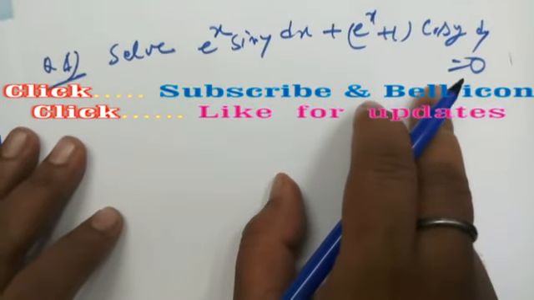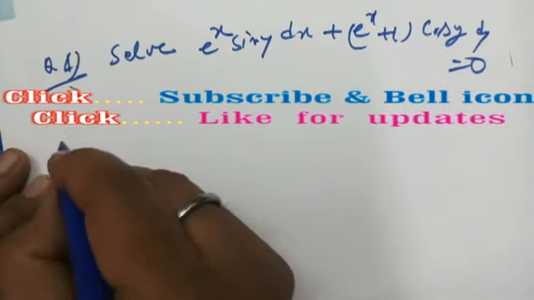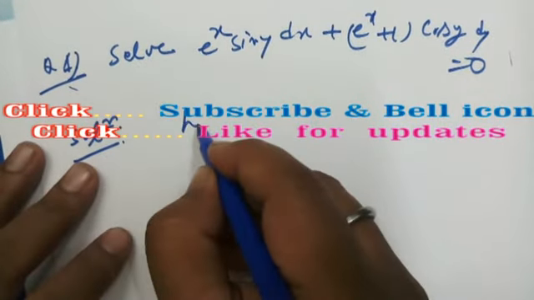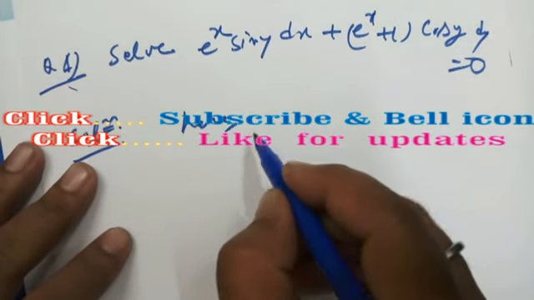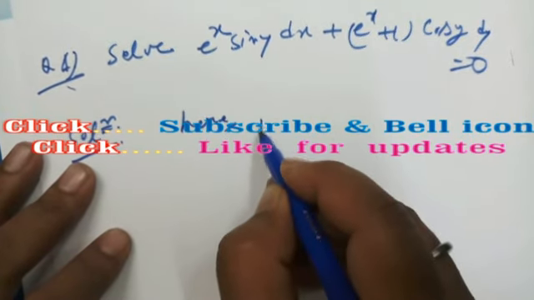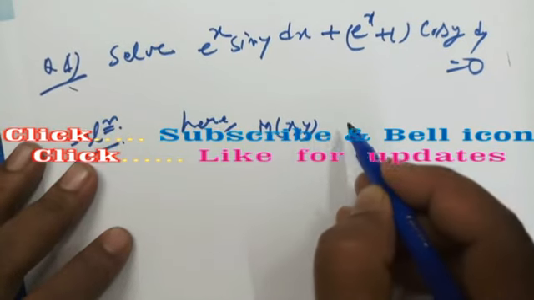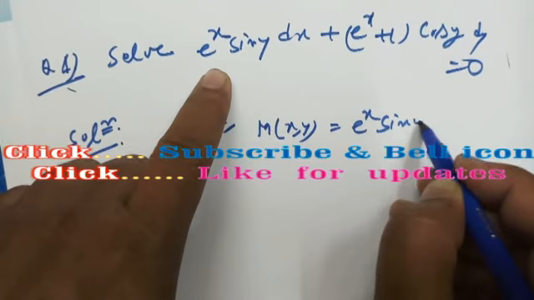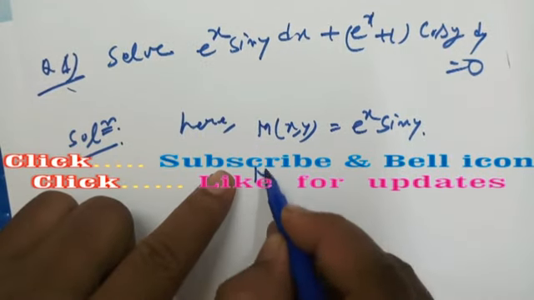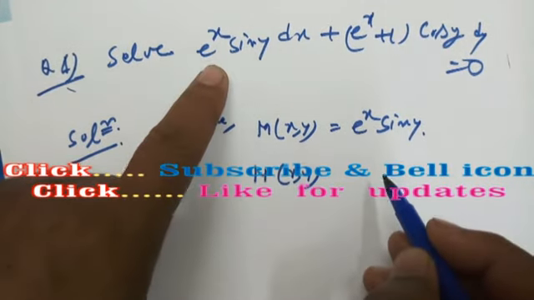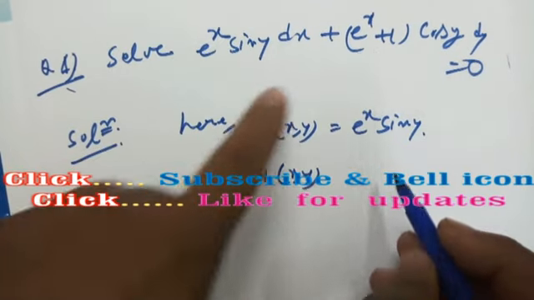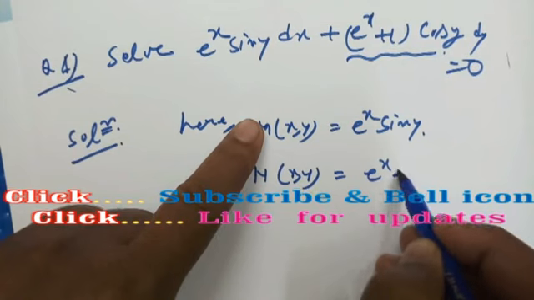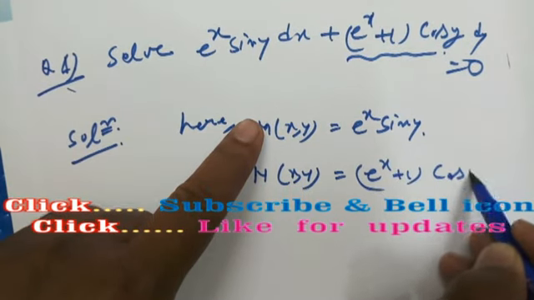This is the ordinary differential equation. Now we are going to solve this question. Here M is the coefficient of dx, so M is e power x sin y, and N is the coefficient of dy, so N is (e power x plus 1) cos y.